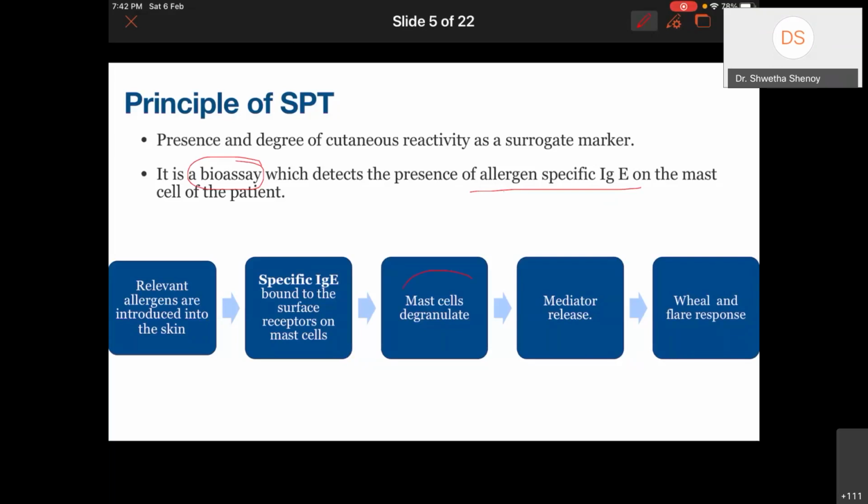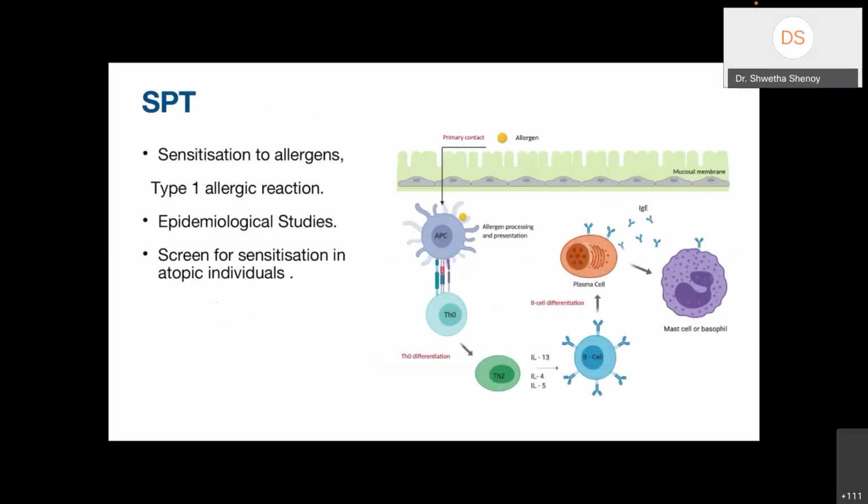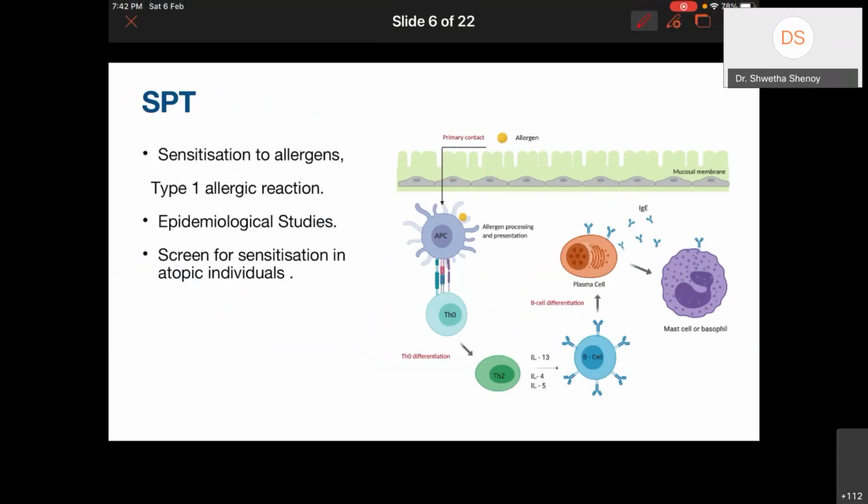The mast cells degranulate, they release mediators, and we see a wheal and flare response right there on the skin. So, this is exactly how it happens. This allergen is introduced by us with a small prick. This one is waiting, and the whole process starts.